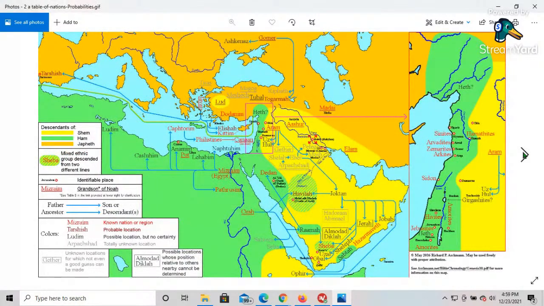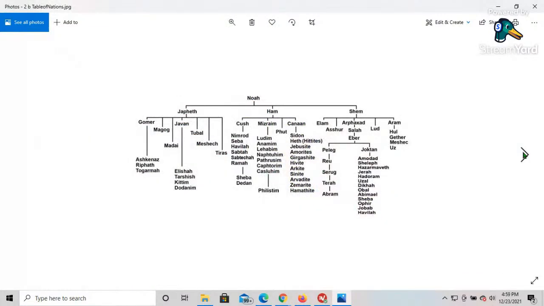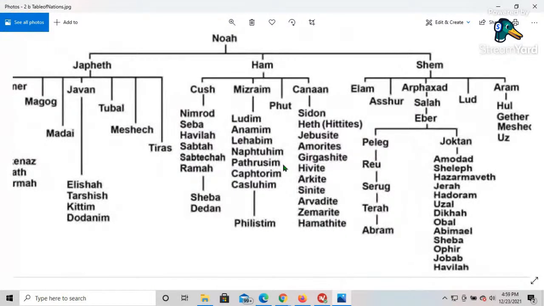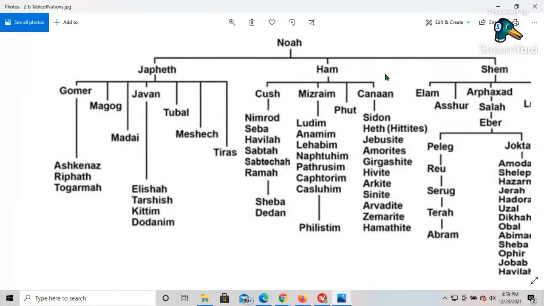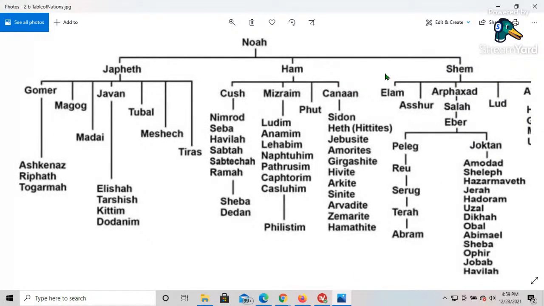So we have in the Bible what's called the Table of Nations. We have Noah, Japheth, Ham, and Shem. It's not complicated. Japheth had 7 sons.